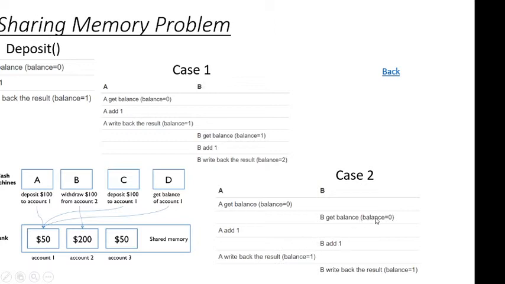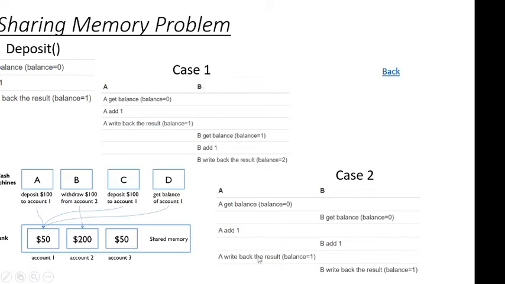The balance variable in B, he also read 0. So he adds 1, 0 plus 1 is 1. Now A writes back and balance becomes 1. He writes back to the account. After some time, B also writes back whatever he's added, and he has also added 0 plus 1. He also writes back 1. So even though A deposited 1 rupee, B also deposited 1 rupee, the final balance in account 1 is 1. So there is an unexpected result.